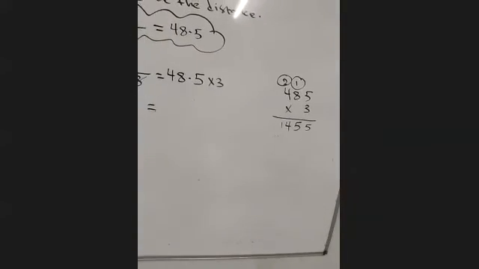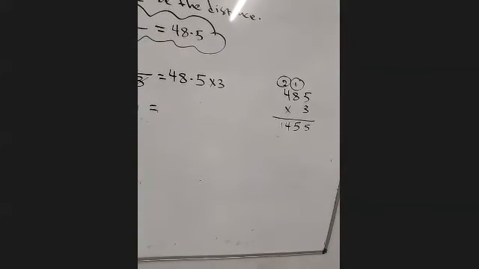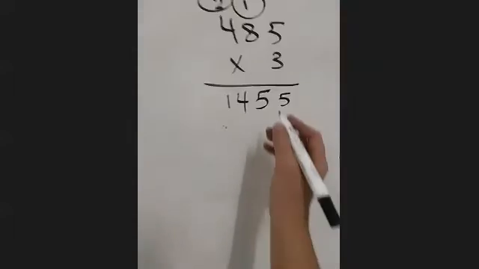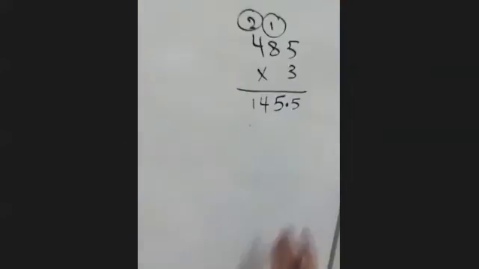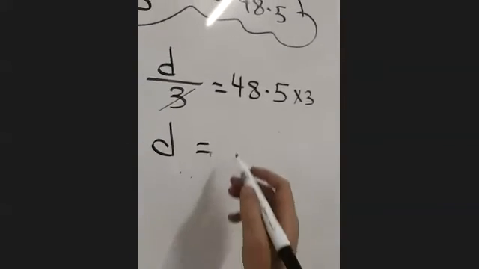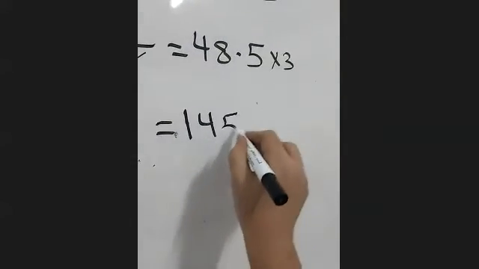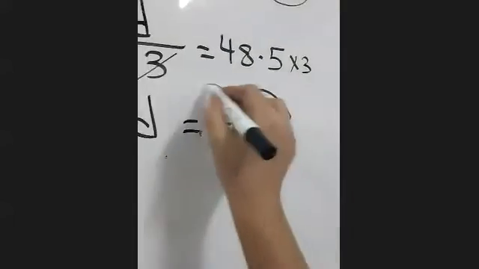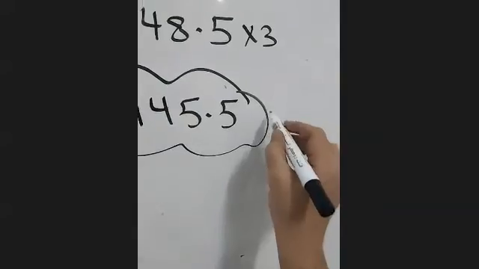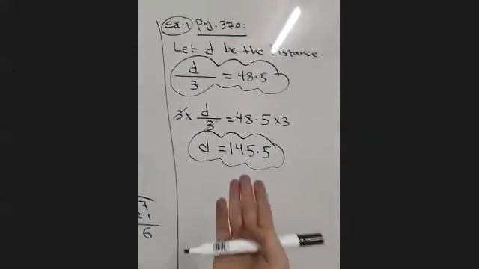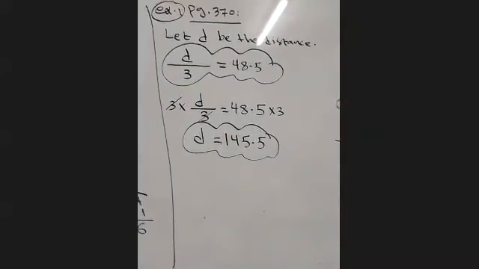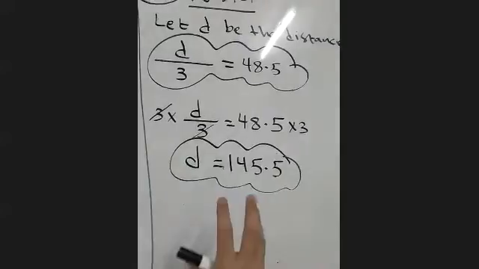Now where do I put the decimal? After one digit, so it is 145.5. What is this? This is the total distance.